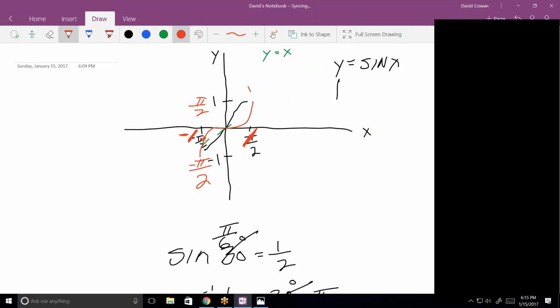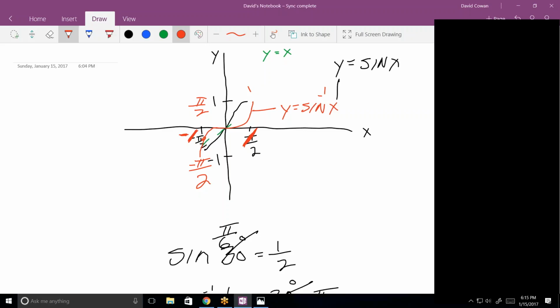Okay? So I can label that red line as y equals inverse sine of x. So what is the inverse sine of 1, according to my red line?